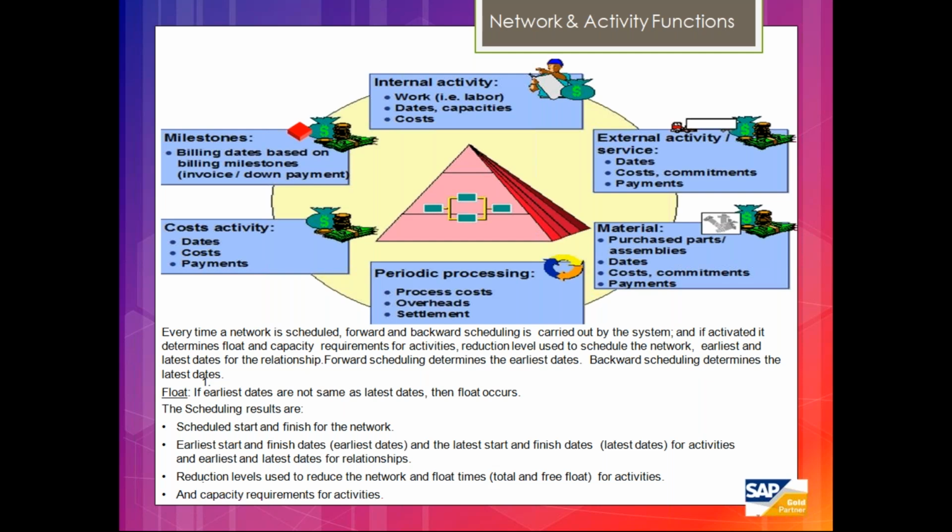Then we have network functionalities. Like I said, there are 4 network activity types. Internal activities are basically used for scheduling and any sort of resource planning. External activities are used if I want to procure any material from external vendors. General cost activities are basically used for scheduling as well as any sort of general expense, maybe travel expenses or stationery expenses.